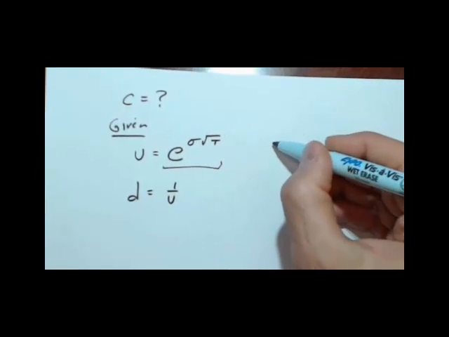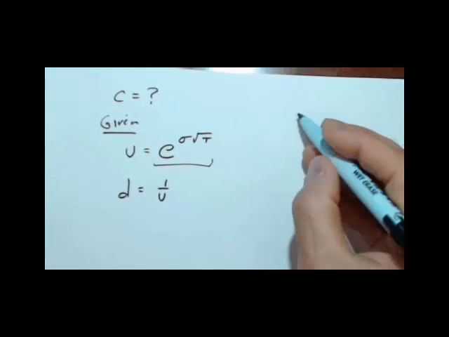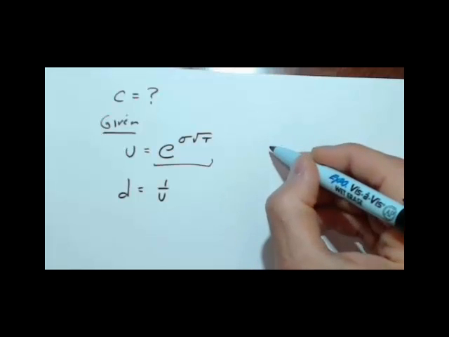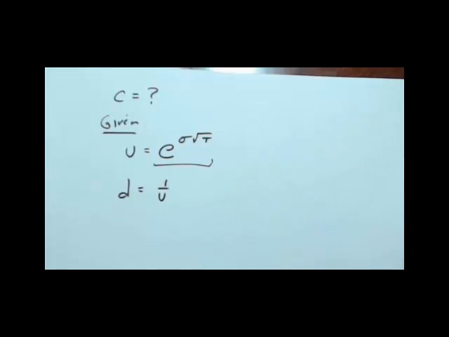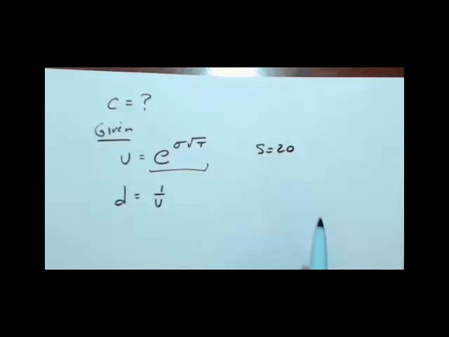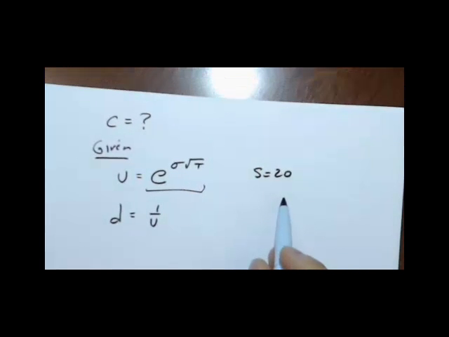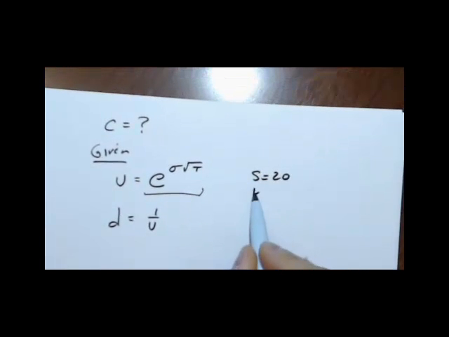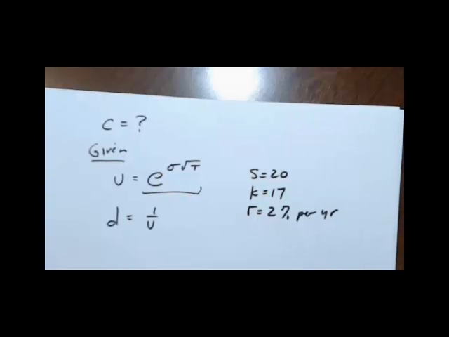Now let me give you some of the parameters that we need to fill this in. Let's say we have a stock price of 20. We have a strike of 17. We have the risk-free rate at 2% per year, which is 1% every 6 months.